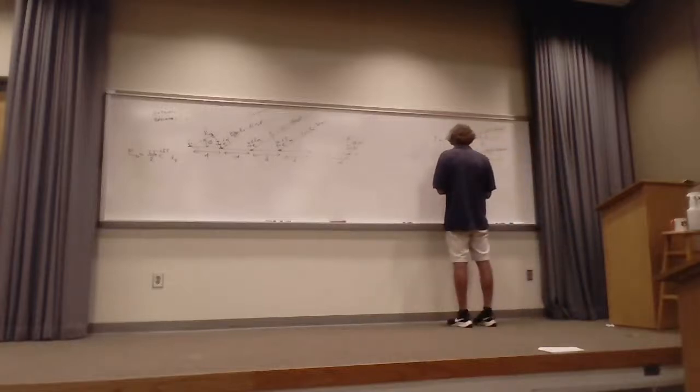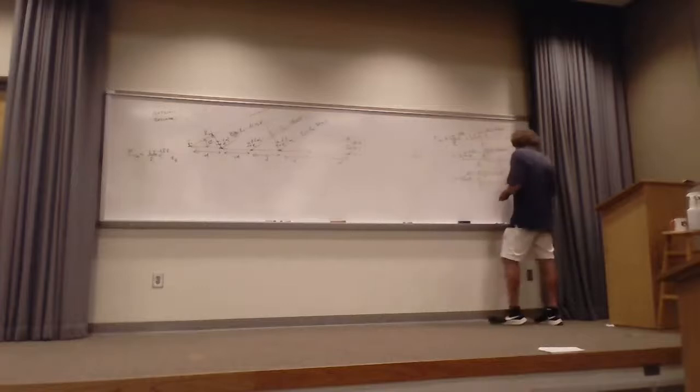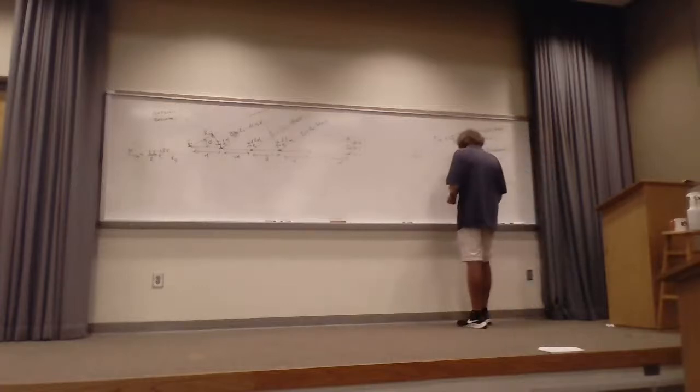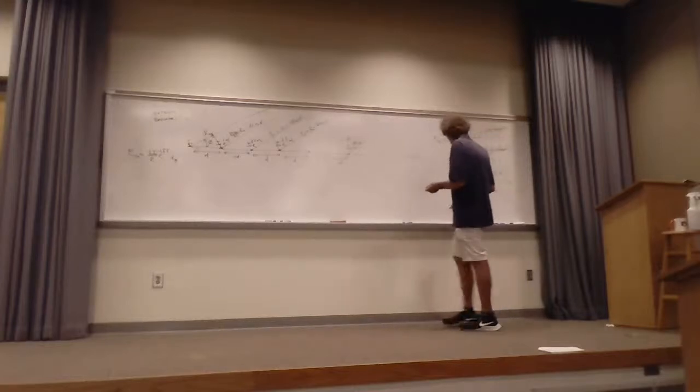It'll be plus K I naught e to the j 3 alpha times e to the minus j beta, and here we have R minus 3d cosine phi, over R. And then I can put plus dot dot dot plus K I naught e to the j n alpha times e to the minus j beta R minus n d cosine of phi, all over R. And that would be the series.